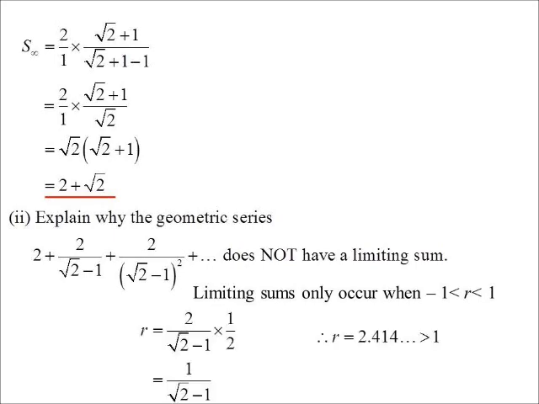Our ratio is 1 on the square root of 2 minus 1. Now that's going to be bigger than 1 because root 2, of course, is around about 1.44, something like that, isn't it? Yeah. And so subtract 1, you're going to have 1 over 0.4. Well, that's going to be bigger than 1. Oh, there you go. Turns out to be 2.414. So no good.